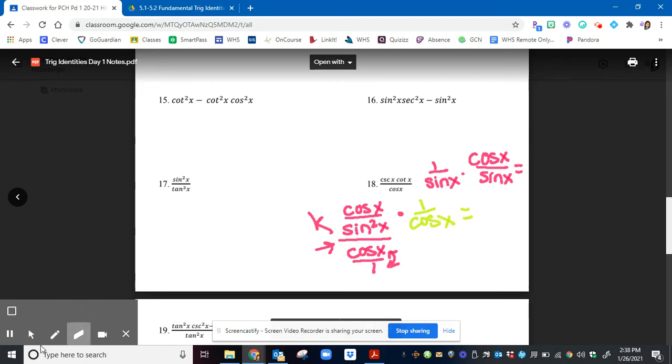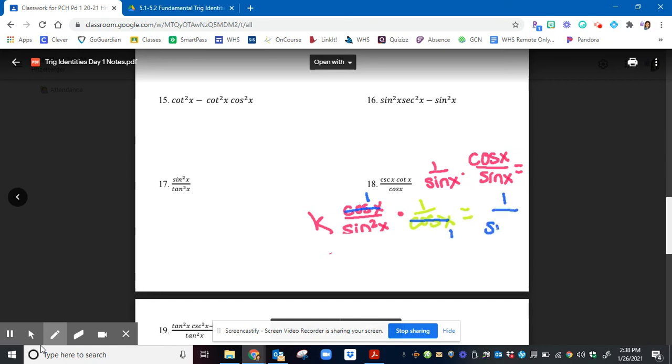So I'm just going to erase some of this. All right, so this is going to divide, and it's going to become 1 over cosine. So now we're going to realize that the cosines can cancel, and we're going to be left with 1 over sine squared. We know that the partner of 1 over sine is cosecant, and because it is a squared figure, we have to make sure that we keep the cosecant squared as well.